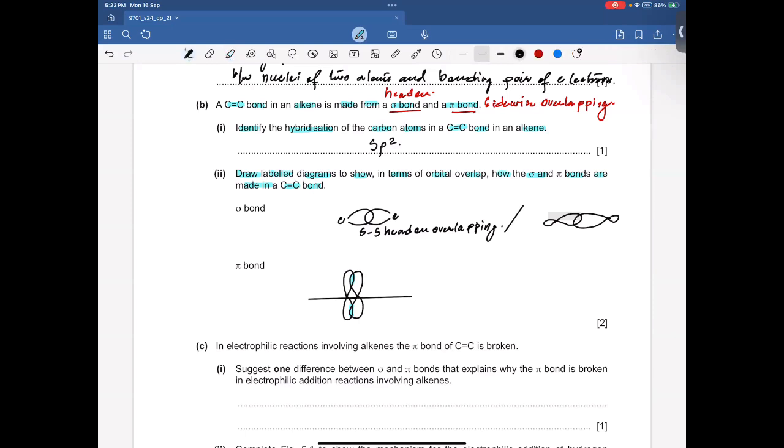By the way, this side-wise overlapping of p orbitals can also be written like this. So that's the structure of ethene.